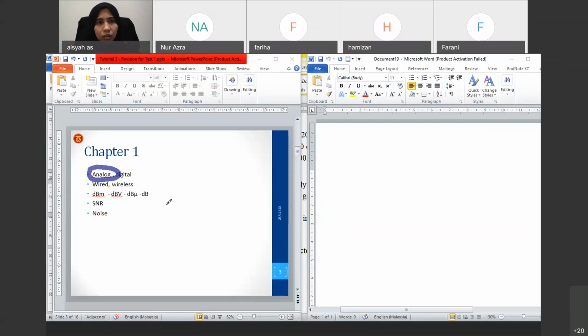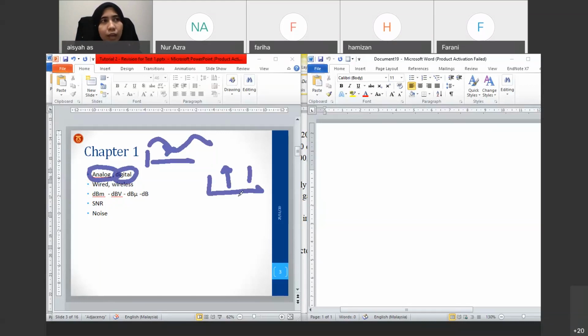That is the analog. For analog, it is continuous like this. And for digital, it means only at certain times it has amplitude. So that is the digital.